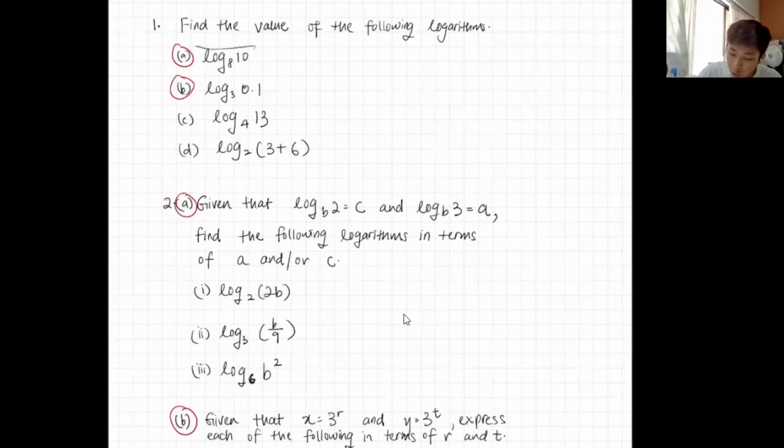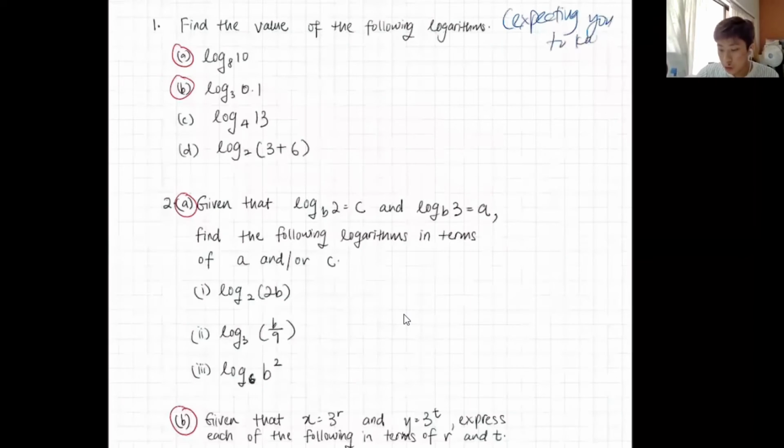Okay, when they ask you to find the value of this, it's impossible for you to calculate in your calculator when it's base 8, because your calculator can only calculate base 10. So they're actually expecting you to know to change the bases to base 10.